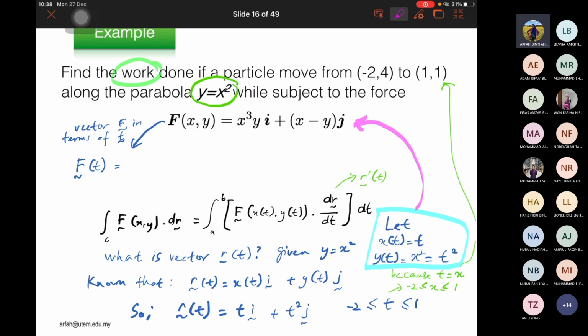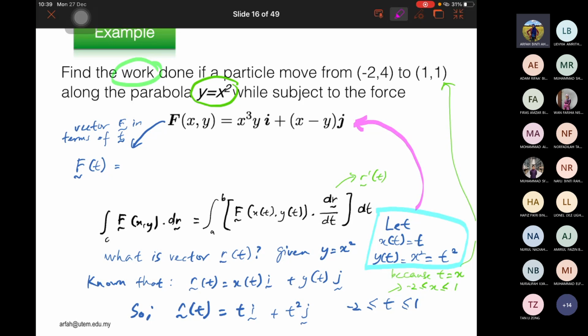And what is vector F? What will you have for the vector F function? T to the power of 5 i, correct? Plus t minus t to the power of 2 j. Yep, correct. Okay. Woman always right.